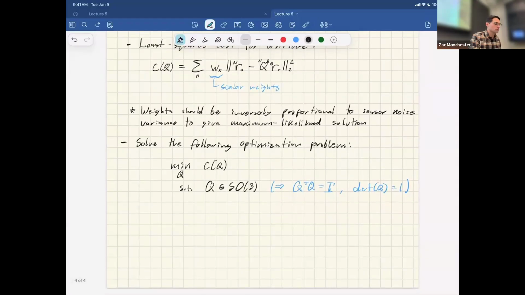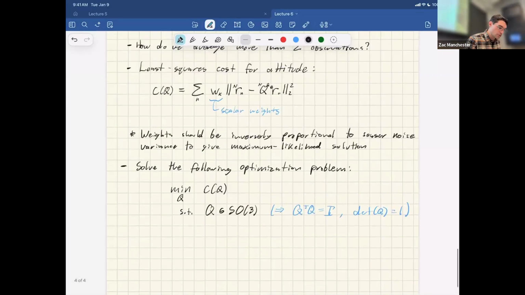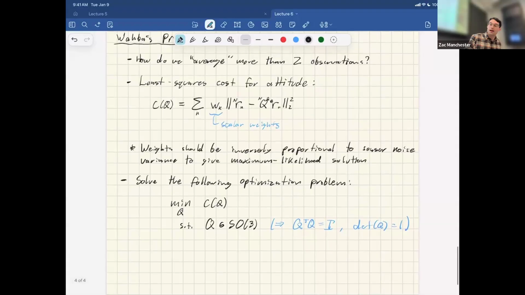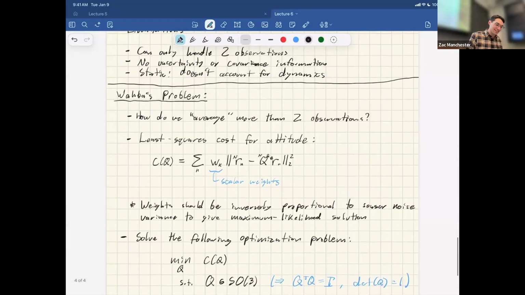For the subscripts on W and R, they're supposed to all be Ks. Apologies if my handwriting is terrible. I'm basically always going to use Ks for subscripts.